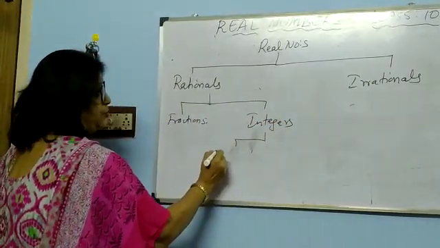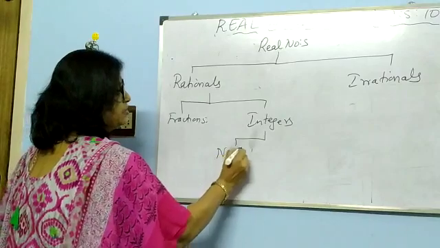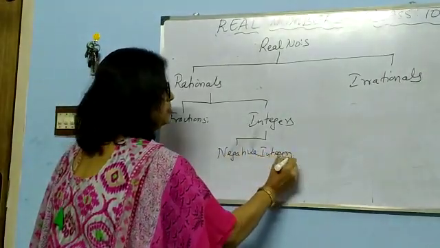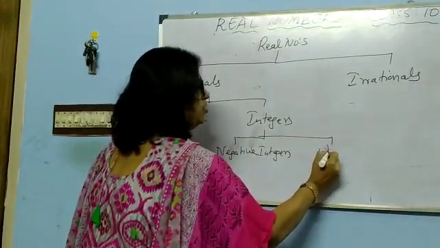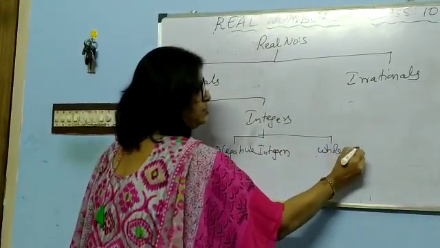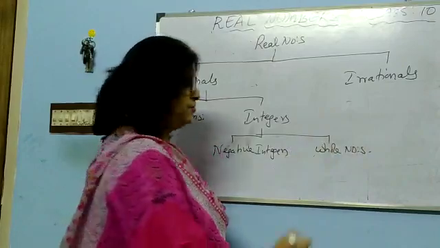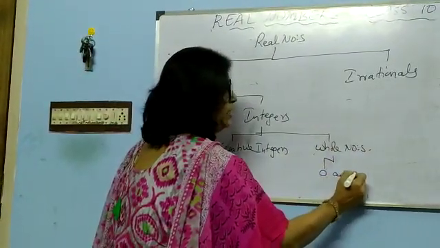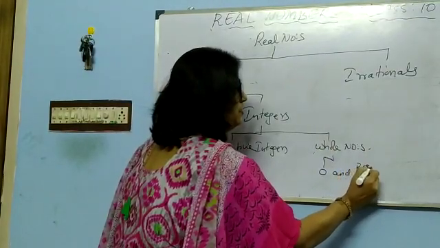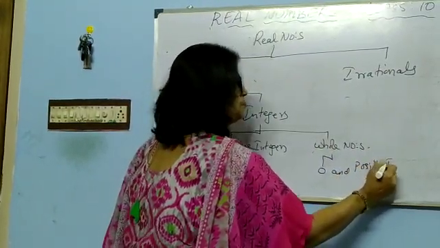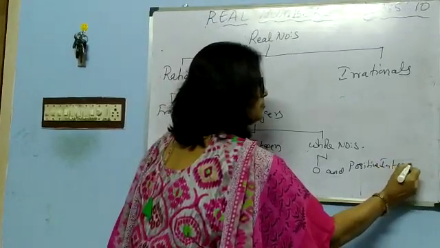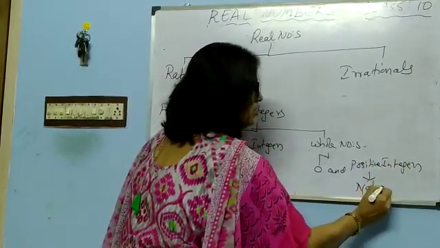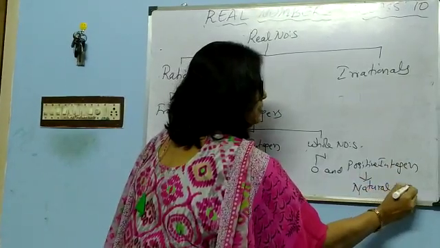Integers into negative integers and whole numbers. These whole numbers include 0 and positive integers. And these positive integers are nothing but natural numbers.